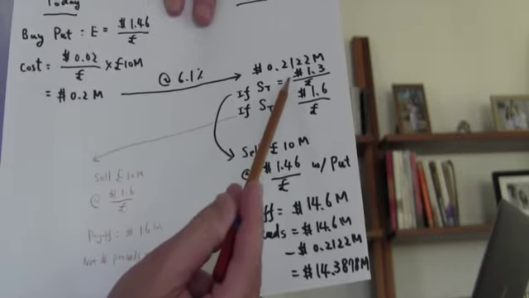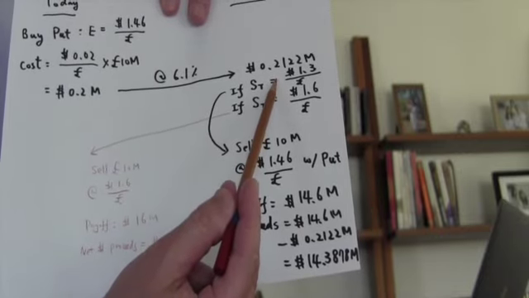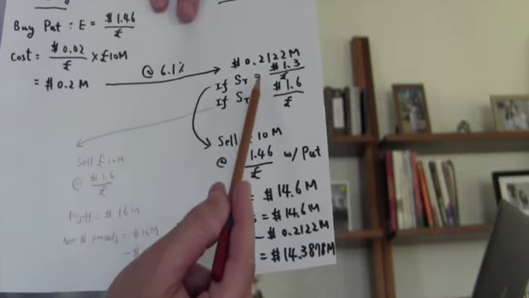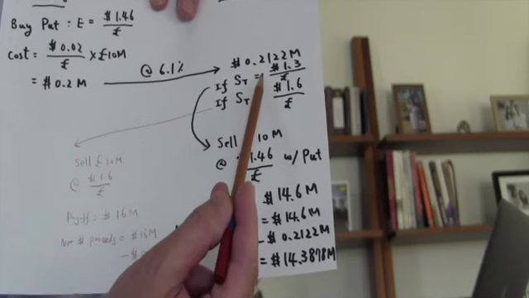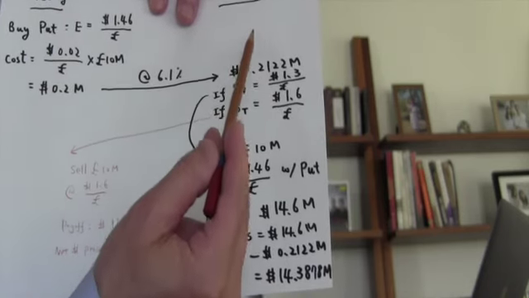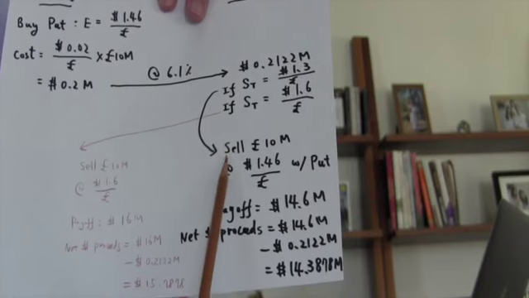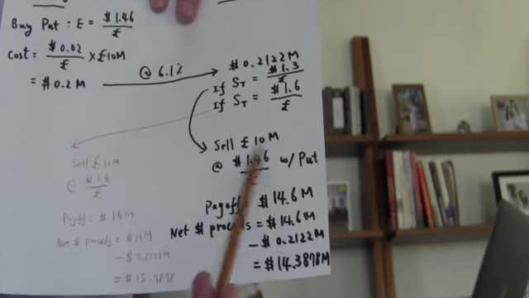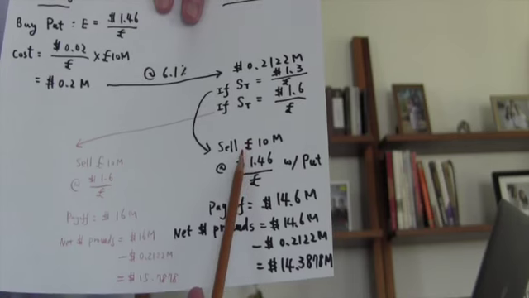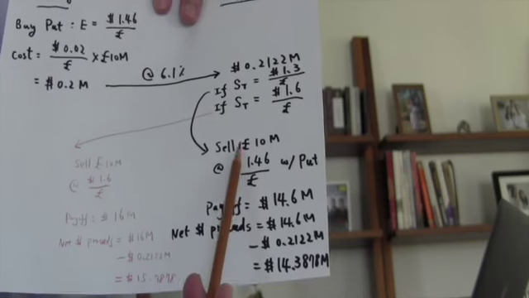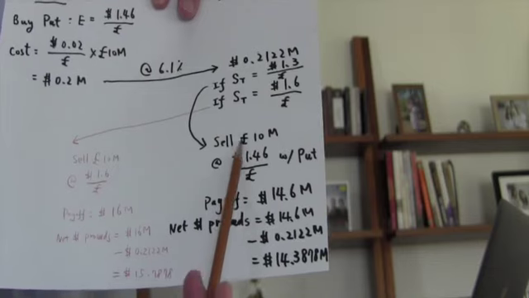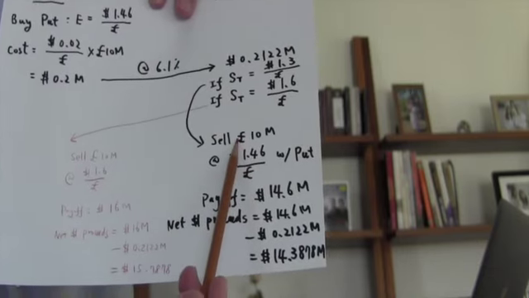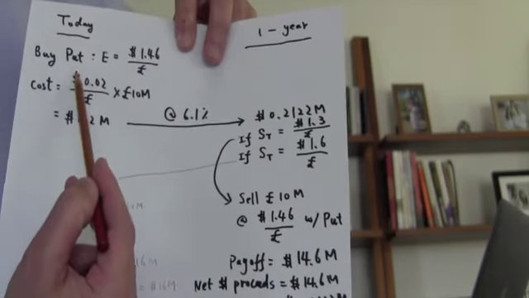So let's take a look at the situation of 1.3. If the spot rate turns out to be 1.3 in a year, from Boeing's perspective, when they receive the 10 million British pounds from British Airways, the logical decision would be to sell them using the put option.